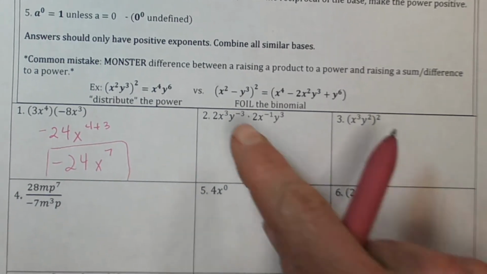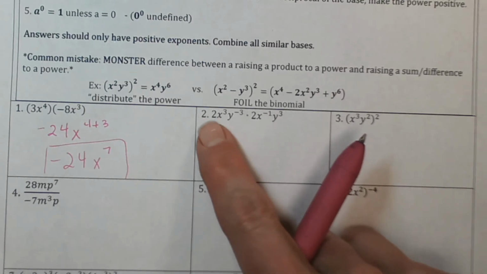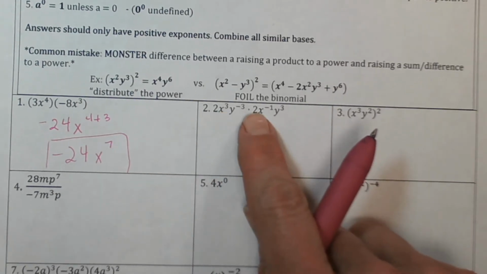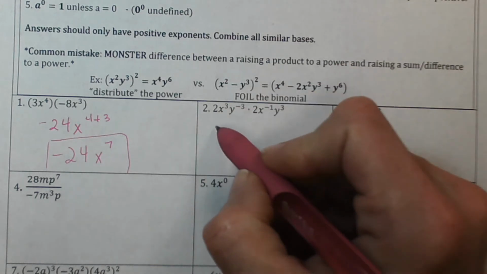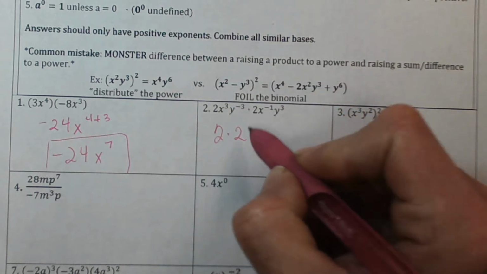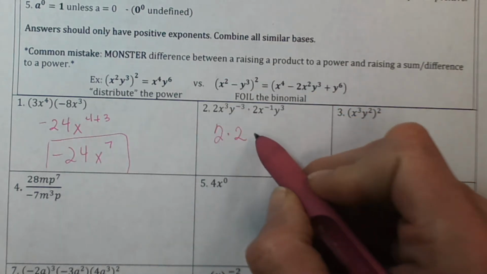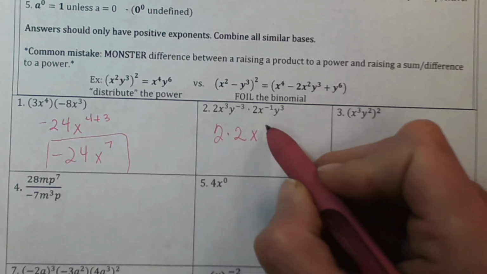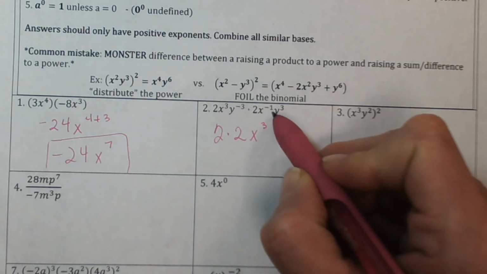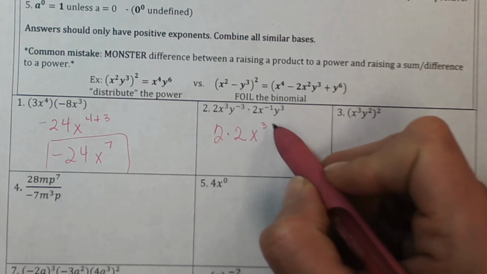Again, we're going to start with coefficient to coefficient. So 2 times 2, we'll just write that out. Then I have my x, and this x is to the third, but I have an x to the negative 1 over here. For now, I'm just going to combine them.